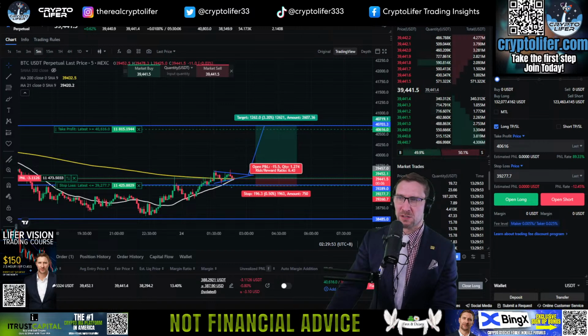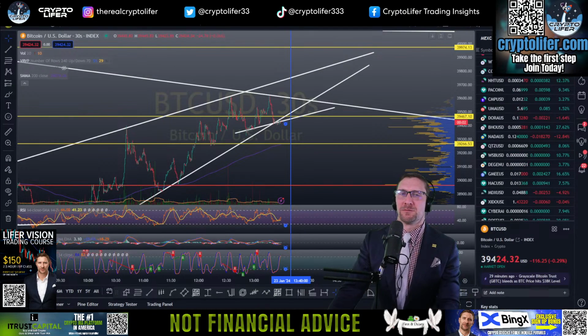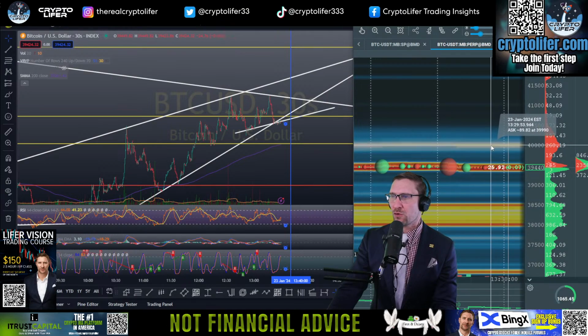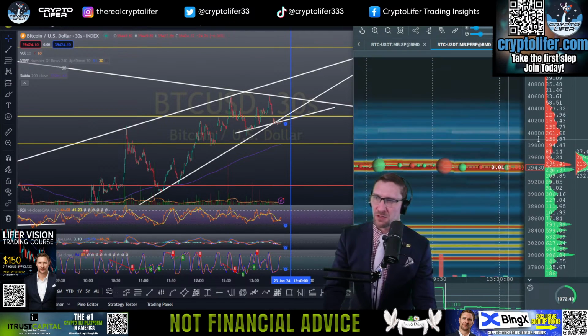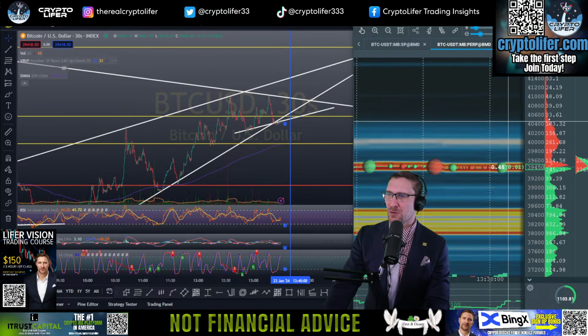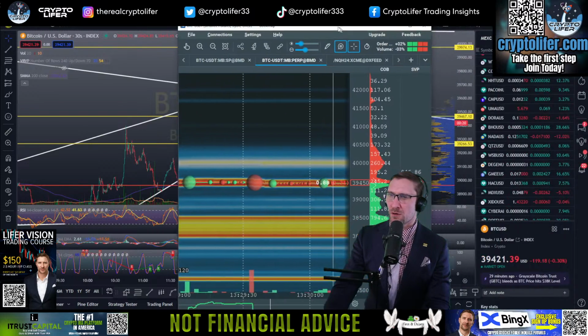That's me holding price at 39,420. Bookmap really just showing us lower. Oh, we just got this lighter order at 40,000, giving us a little bit of hope that we could get a push up now. We got some yellow in the book. We didn't have as much yellow before.